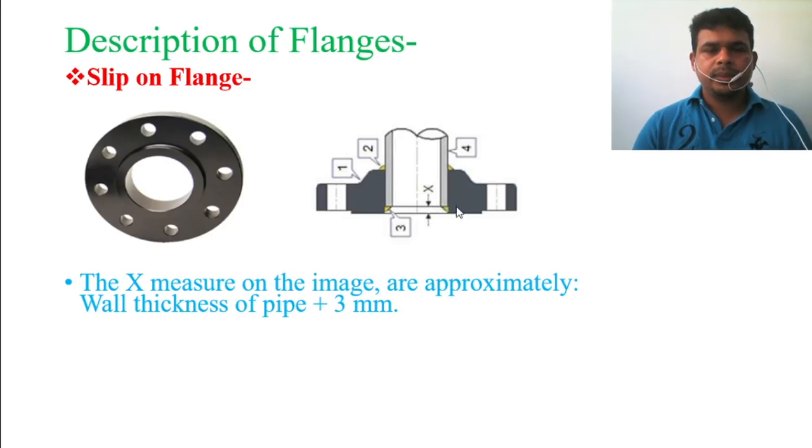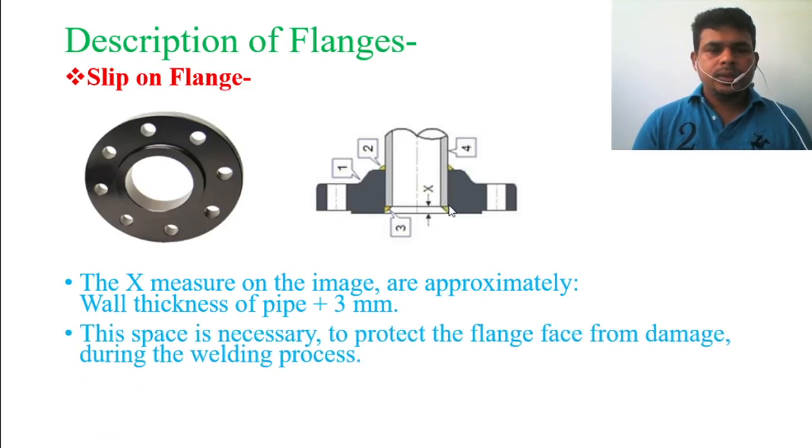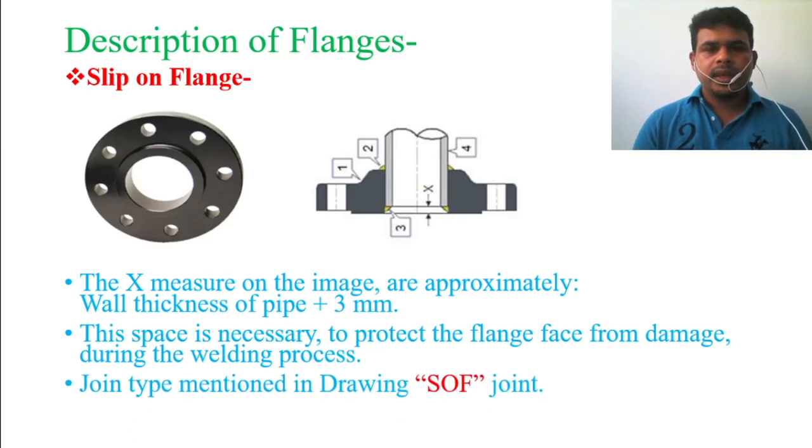The purpose of this is actually for welding, you need space for welding. This space is necessary to protect the flange face from damage during the welding process. This type of joint in the drawing is normally mentioned as SOF for slip-on flanges.